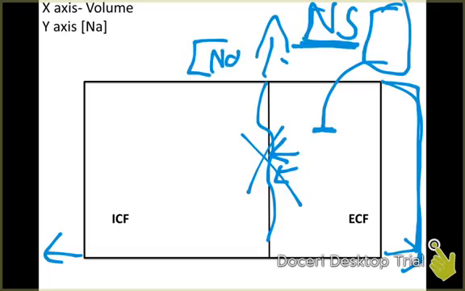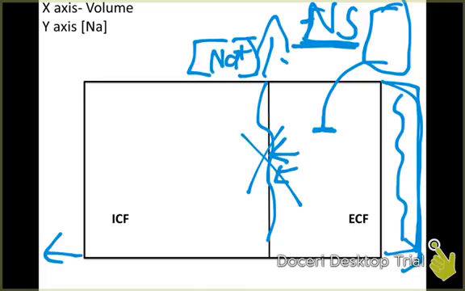So your sodium concentration stays the same because normal saline has the same sodium concentration that's already in the blood. So you won't get a hyponatremia or a lower serum sodium by adding saline. Okay? But you do add volume.